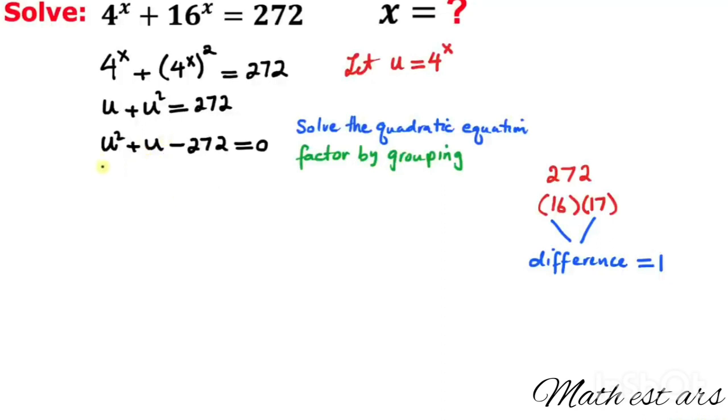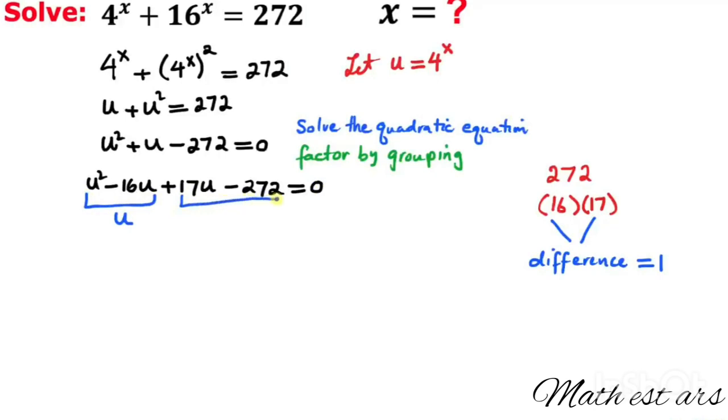So we can write this quadratic equation as u^2 - 16u + 17u - 272 = 0.